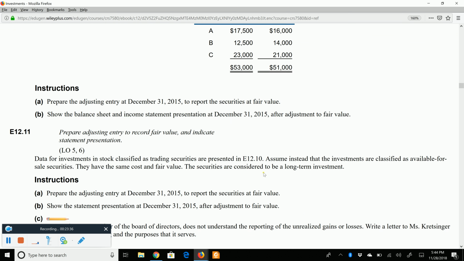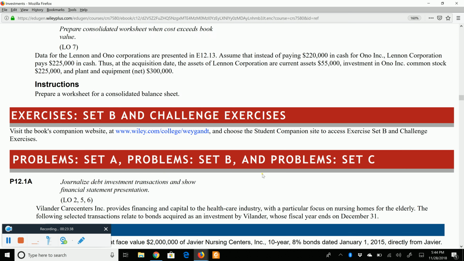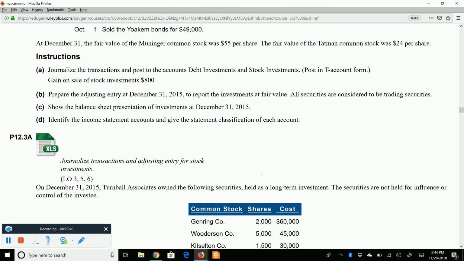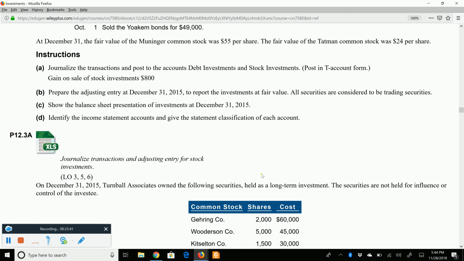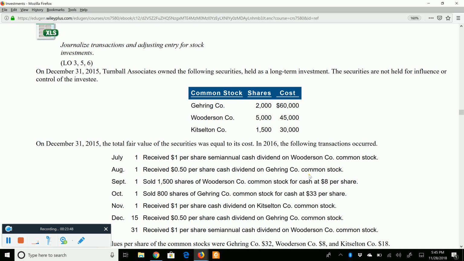And the reason for that is we're owning multiple other companies. We're really developing a portfolio here. So the name of our company is called Turnbull Associates, and you can see at December 31st, 2015, we actually own 3 other companies' stock.